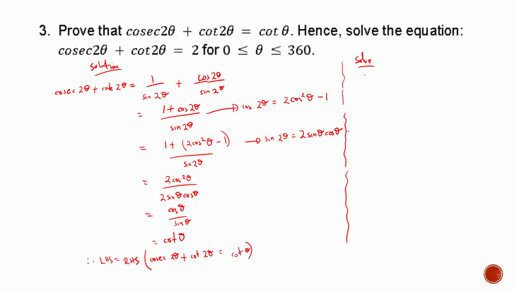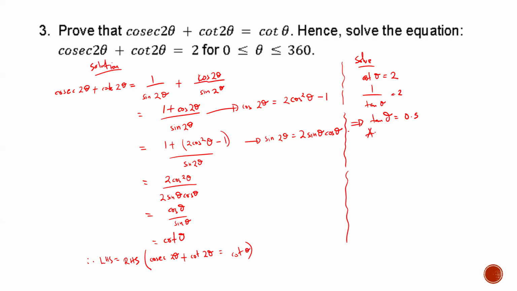Yeah. So now we are solving, but since you have already made the proof, we can just take cot theta being equal to 2. This can be written as 1 over tan theta, which is equal to 2. And that implies that tan theta is 0.5 or a half.